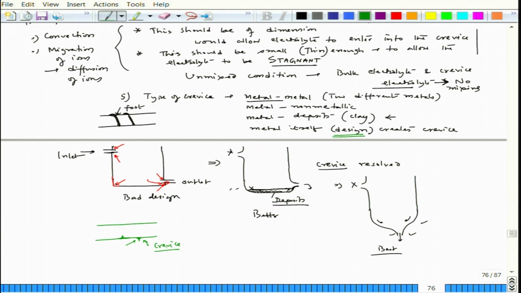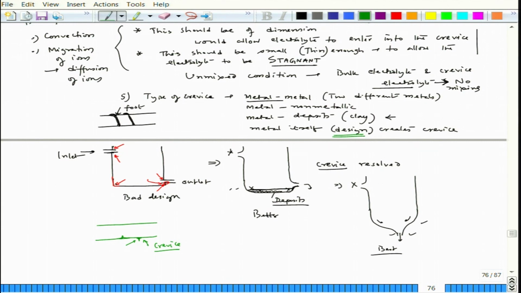This is a kind of casting defect crevice. So, one has to smoothen it off, and only then can the crevice be avoided. Those are the different factors associated with the crevice.